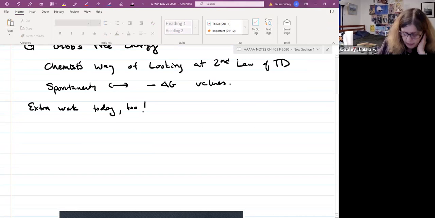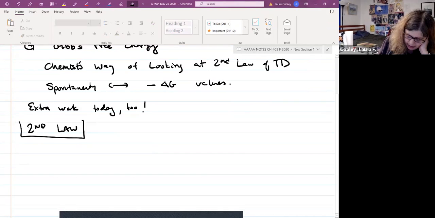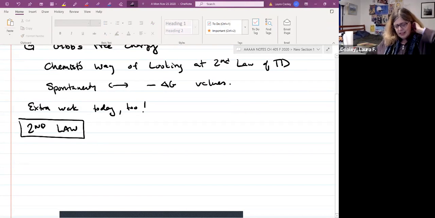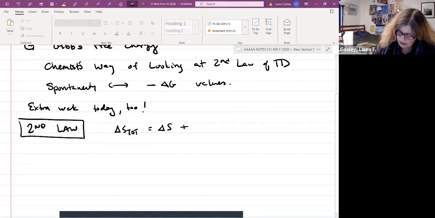All right, so as I said, the Gibbs free energy is the way that chemists think about the second law, so I'm going to start with the second law, which has different ways of writing it. Delta S total is the sum of the system entropy change and the entropy change of the surroundings.